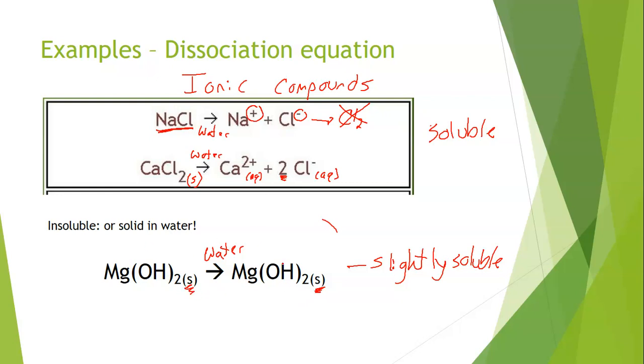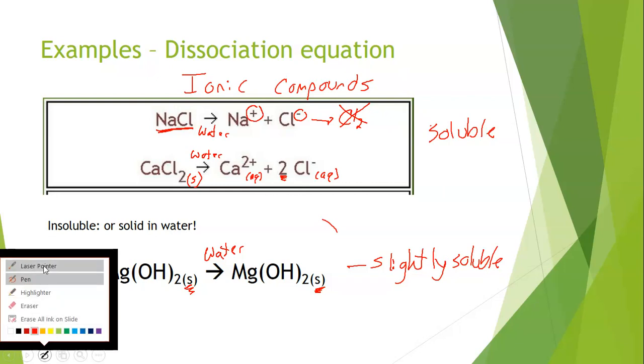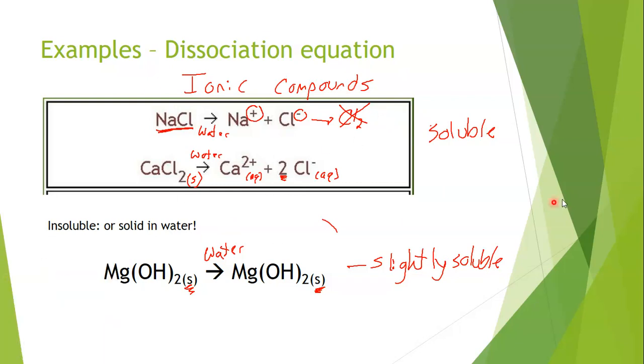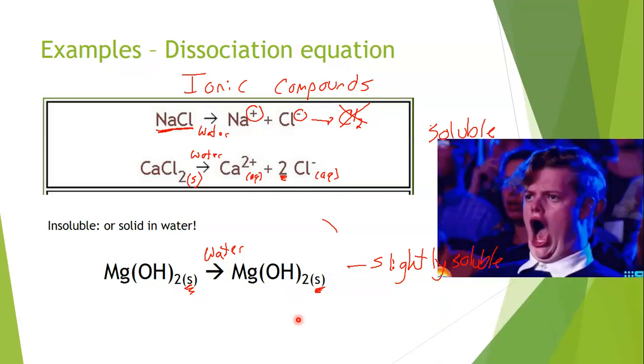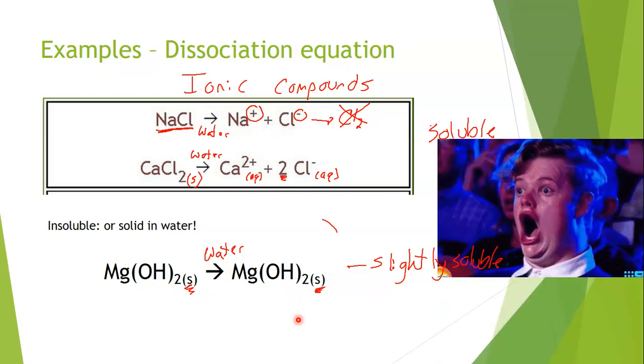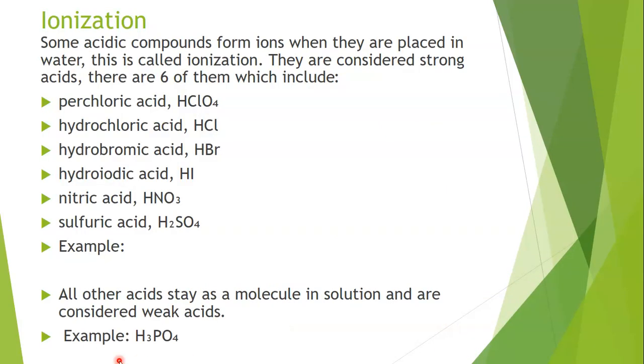It's staying as a whole compound. Up above here, we have something that's soluble, and it is becoming its ions here. This one, insoluble or slightly soluble, is a solid in both situations. Shocking, I know.